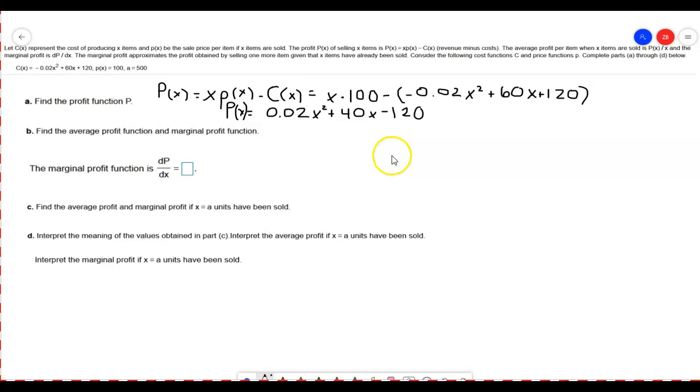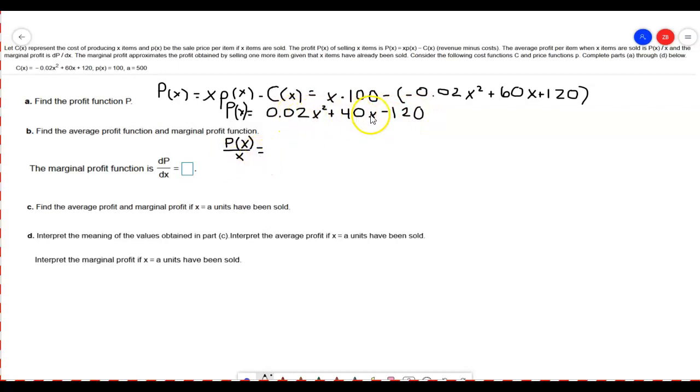All right. Oops, did I just mess that up here? 60, and no, that should be right. All right, the next thing it says, find the average profit function and the marginal profit function. Well, it says over here the average profit function is P of x over x. So this is just going to be this function divided by an x.